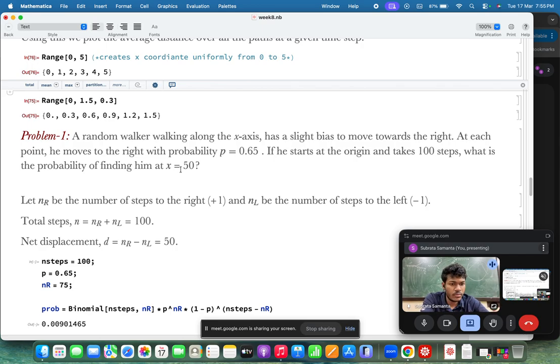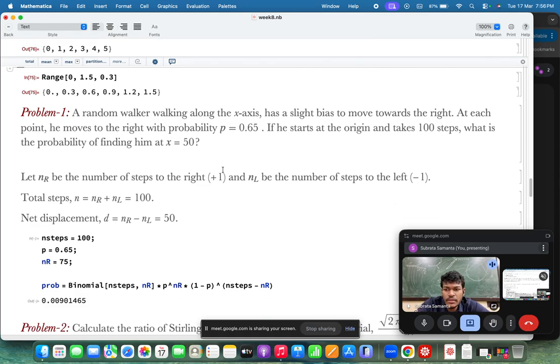It is a 1D random walk, so there is a probability of getting in the positive direction, because my probability of moving to the right is large. That makes sense.